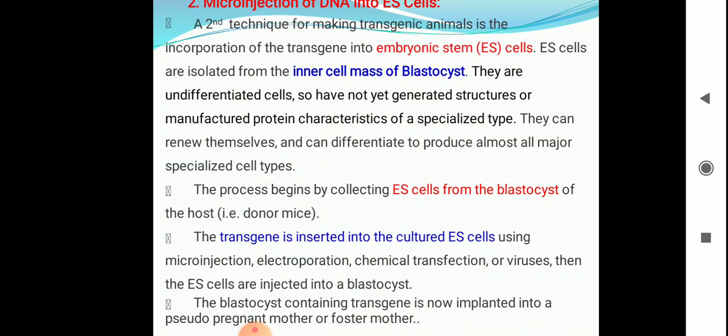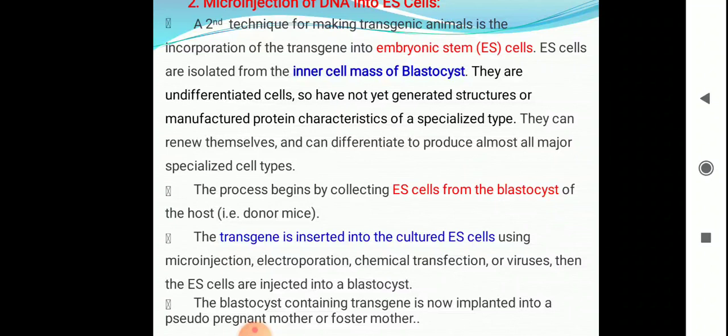The process begins by collecting embryonic cells from the blastocyst of the host, that is the mice. Now a transgene is inserted into the cultured embryonic cells, using microinjection, electric treatments, chemical transfection, or viruses.